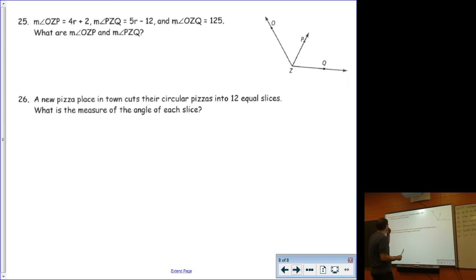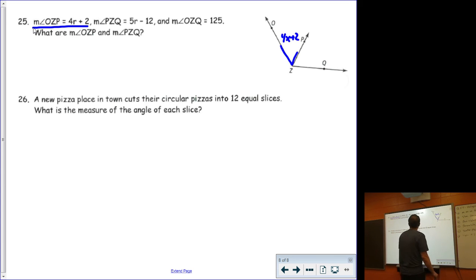Number 25. Number 25 says that the measure of OZP is 4r plus 2. Well, OZP is this angle, and so it is 4r plus 2. And the measure of PZQ is 5r minus 12.